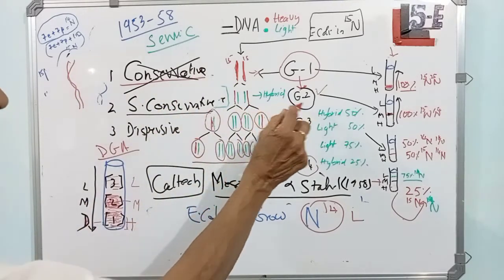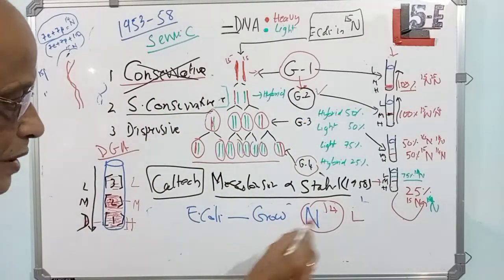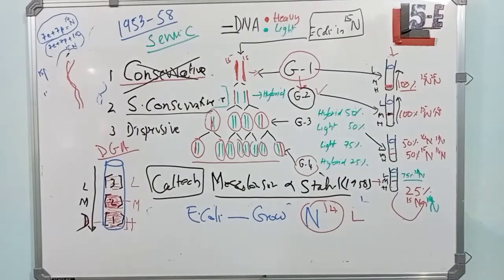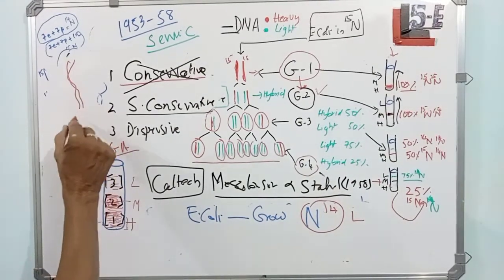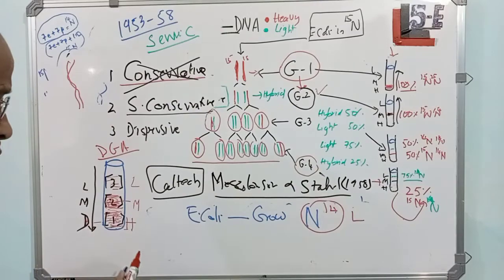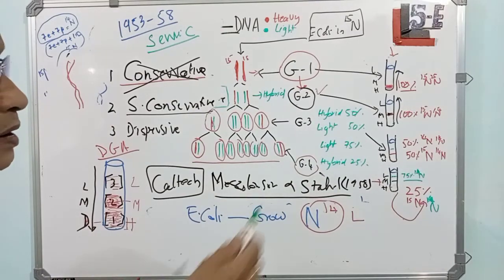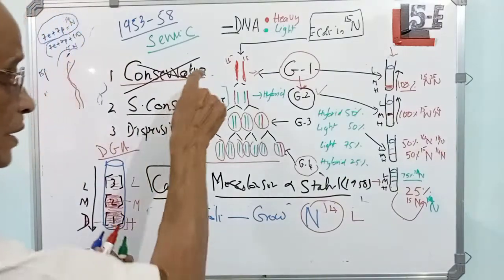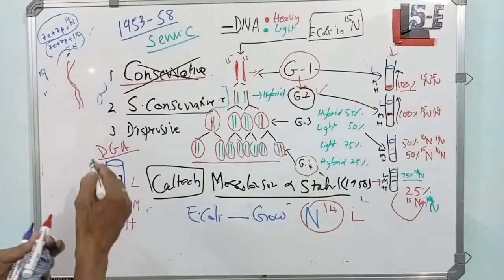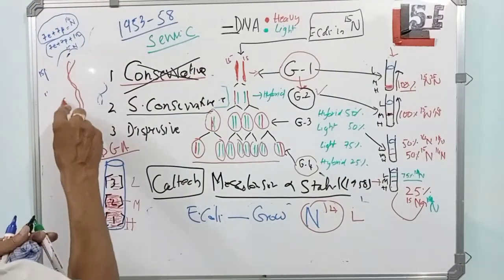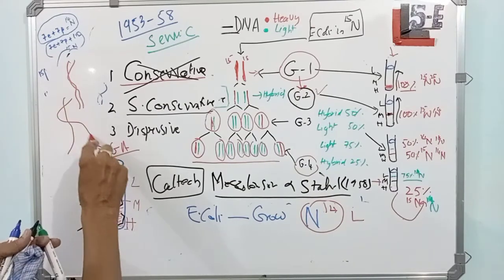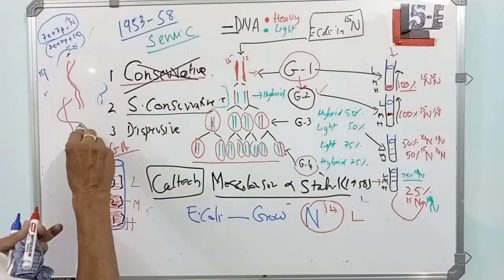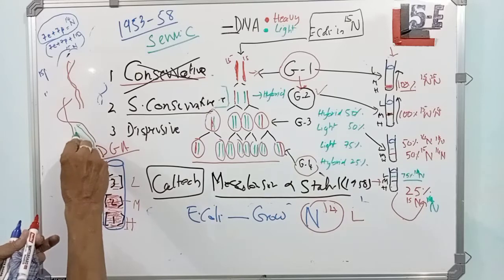And in the second generation, when they treated with the normal nitrogen, they found that it was 50%, that is, in the medium. So the semi-conservative technique very clearly tells that the parental DNA breaks and then the new strands will be added here.